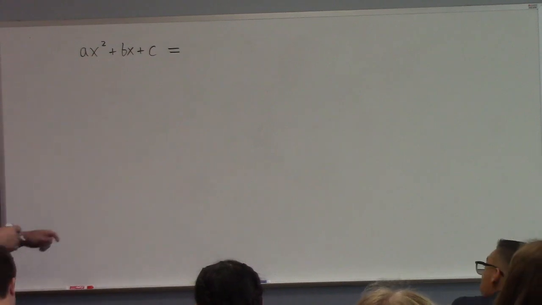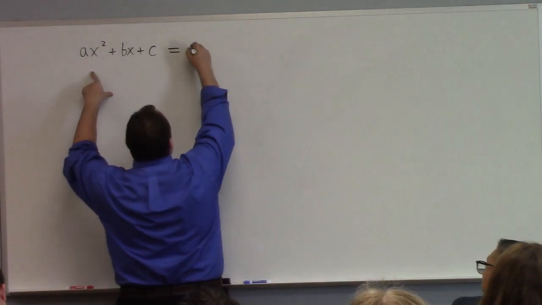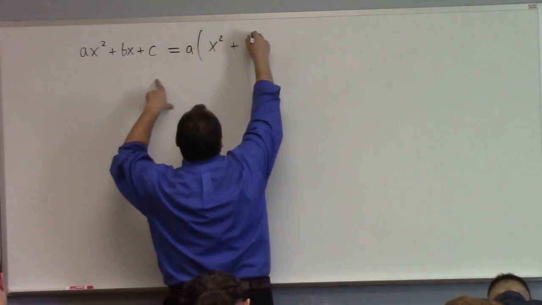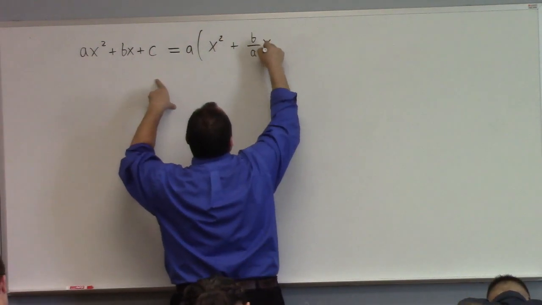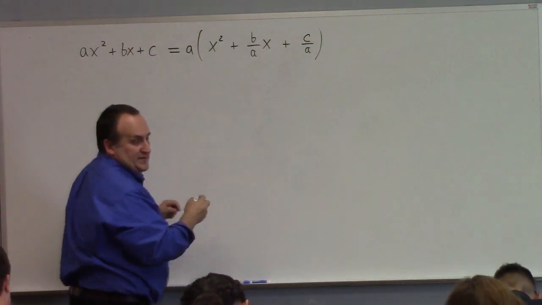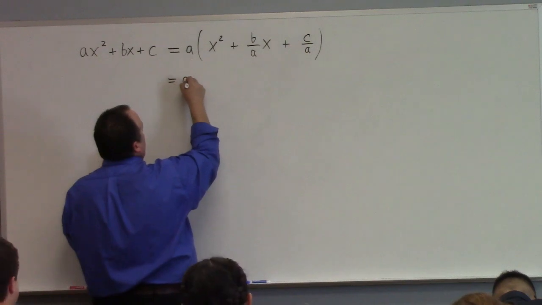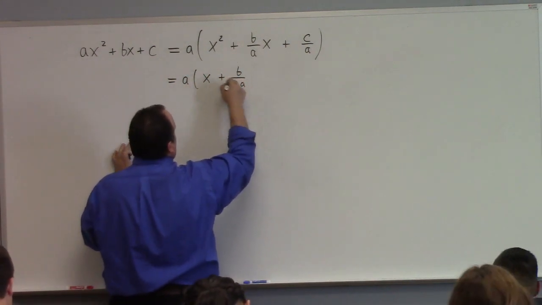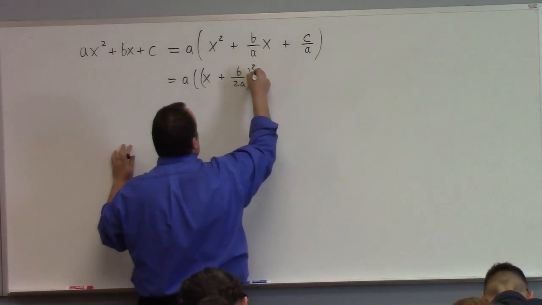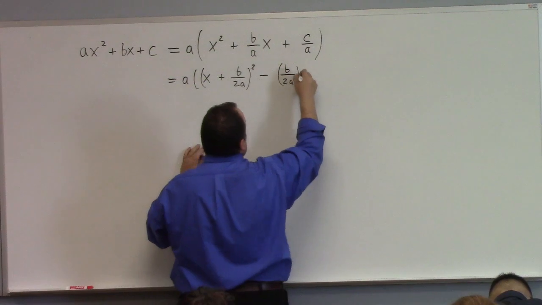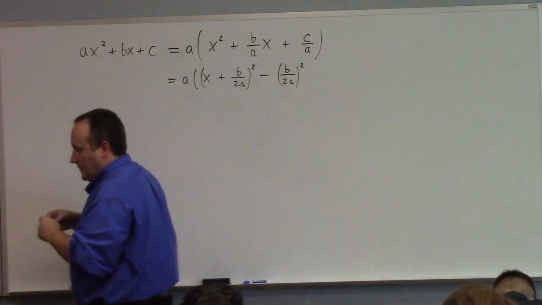Let's factor this. If a is not equal to 0, we can factor a out. x squared plus b over a times x plus c over a. Then I will complete the square. a times x plus b over 2a, quantity squared, minus b over 2a, quantity squared.